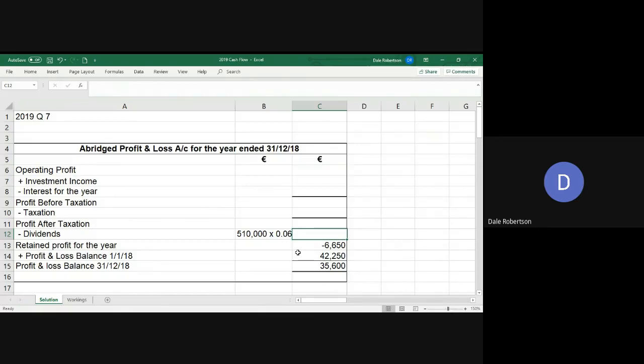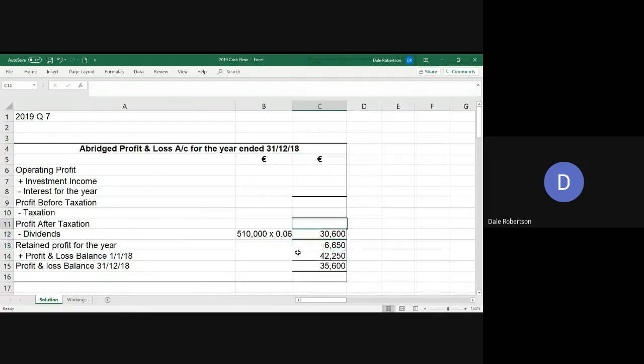And in the year 2018, we do have 510,000 shares. It's important you take the modern or the 2018 number because note number 1 says at the end of the question that those shares were issued on the first day of January. So for the whole year of 2018, we had 510,000 shares at 6 cents per share. And when you multiply that out, that's going to be 30,600.